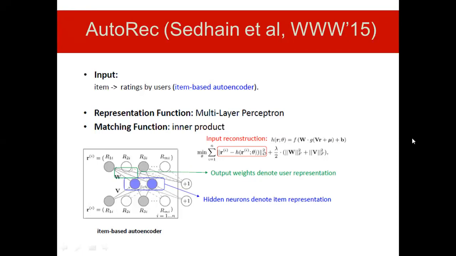The objective function is the reconstruction error, as you can see, and the second term, again, is just a regularization term. This kind of approach is essentially doing matrix factorization, but in a nonlinear way. Even though the autoencoder only has one hidden layer, the activation function is nonlinear, so it will learn some nonlinear relationship.